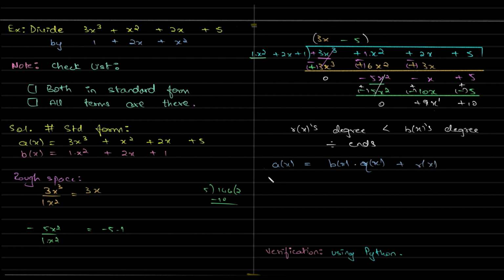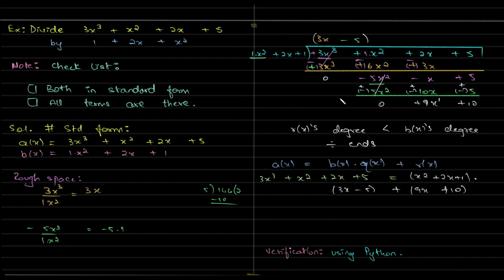So the dividend is 3x cube plus x square plus 2x plus 5 being equal to the divisor x square plus 2x plus 1 into the quotient. Quotient is this 3x minus 5 plus the remainder, which is 9x plus 10, right? And that's your division algorithm. You can also pause it and try it out, check if your answer is same.